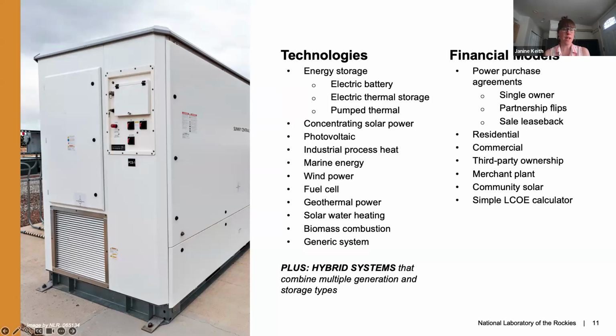We include a variety of different storage technologies, concentrating solar power, photovoltaics, industrial process heat, marine energy, wind power, fuel cells, geothermal power, solar water heating, biomass combustion, and what we call a generic system, which is more of an input your own energy generation profile to be able to combine it with the financial model. And then we also model hybrid systems that combine multiple generation and optionally multiple storage types as well.